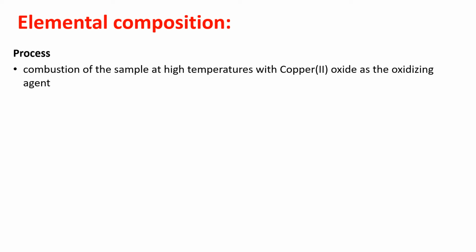The process for elemental composition is, first the sample is taken and it is heated at a higher temperature by using certain oxidizing agent. Generally, copper oxide is used as an oxidizing agent in order to convert the elements into their oxidized forms.